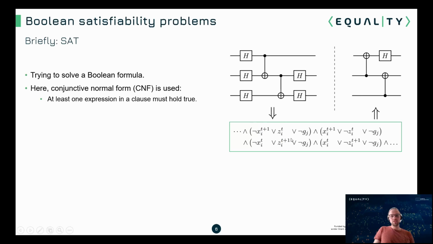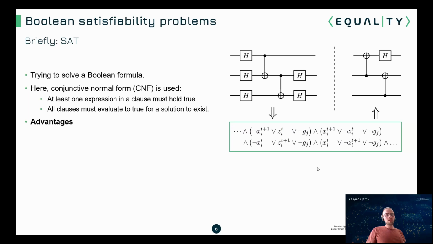So at least one expression must hold true within such a clause. And if you would like the entire formula to be satisfiable, all the clauses have to evaluate to true for the formula to be satisfiable and therefore for a solution to exist. How this comes in handy for our problem will be explained by me in a minute.